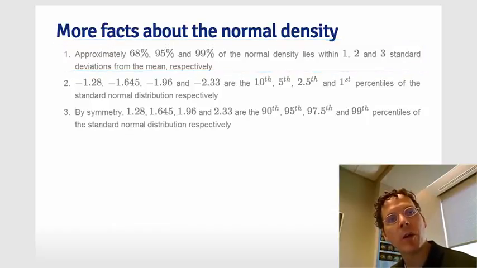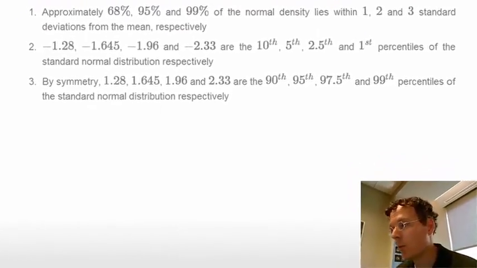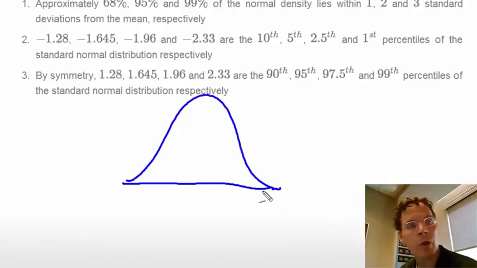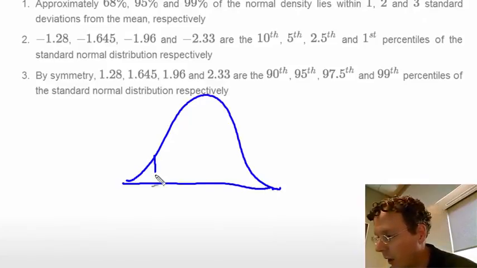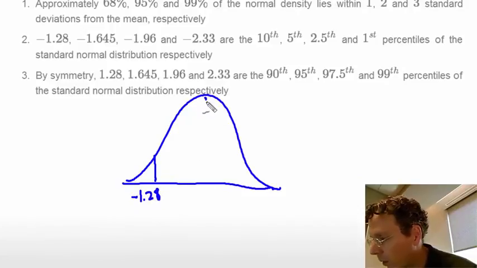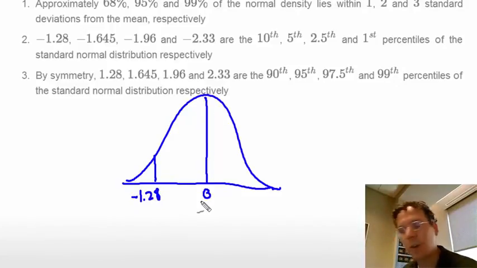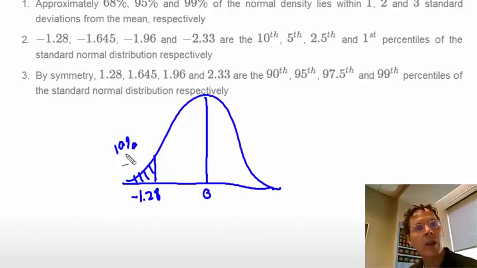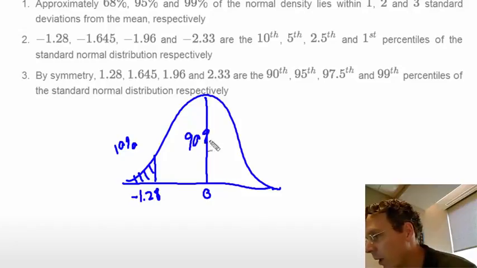Let's also talk about some standard normal quantiles that we should commit to memory. I'm drawing a normal distribution right here, and let me put the point -1.28. The mean is, of course, 0 for the standard normal distribution. That point is such that 10% of the density, this is, of course, not drawn to a very good scale, 10% of the density lies below it, and then 90% lies above it.